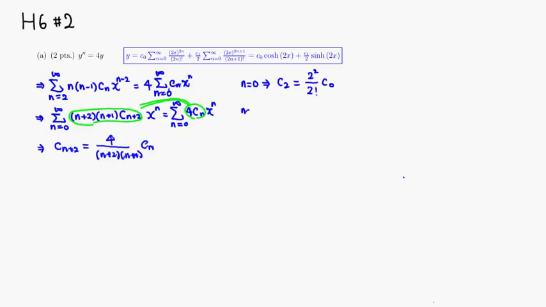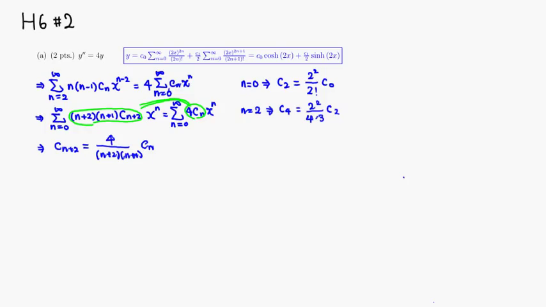When n equals 2, we would have c2 plus 2, so c4 is equal to another 2 squared over 4 times 3, times c2.